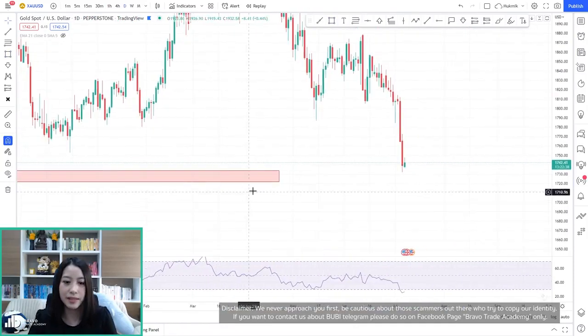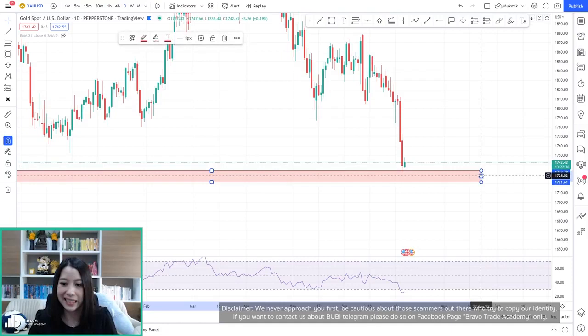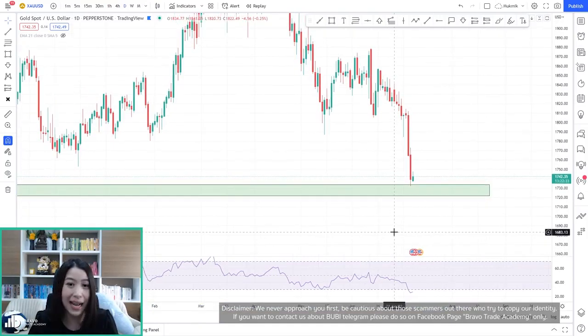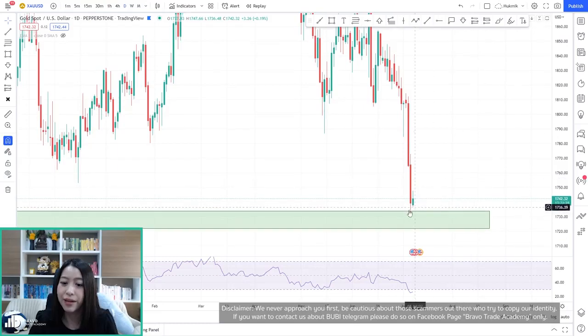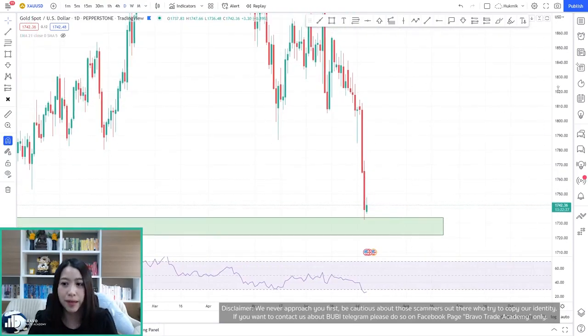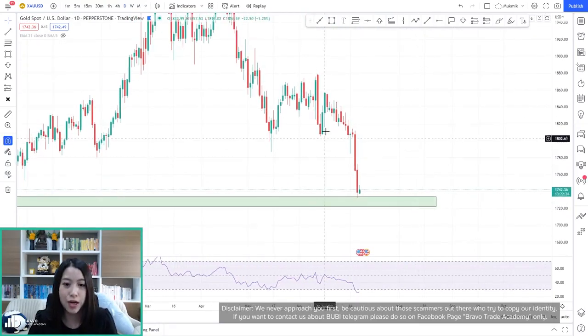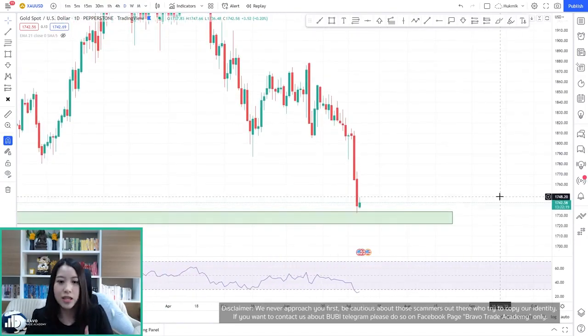This is the demand zone that the price is now using. But I didn't say that you need to buy at this demand zone, even though it is a demand zone. If you can see, the trend is a strong downtrend. We will be focusing on selling gold.